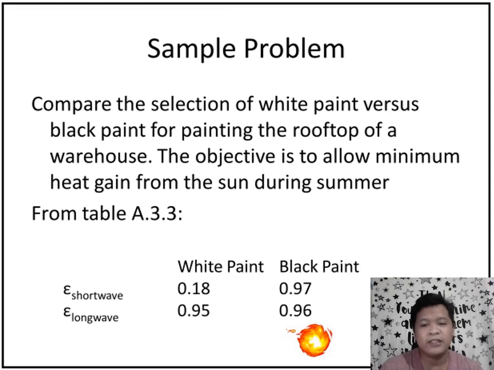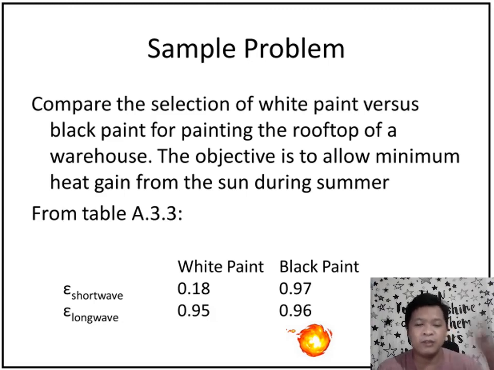So it's conventional now for us to choose, let's say, something white over something black, and we assume that the black colored thing, given that they're made of the same material, is absorbing more heat. So how true is this? For example, if you want to paint a rooftop and you want minimum heat gain from the sun during summer, can we actually sort of quantify that?